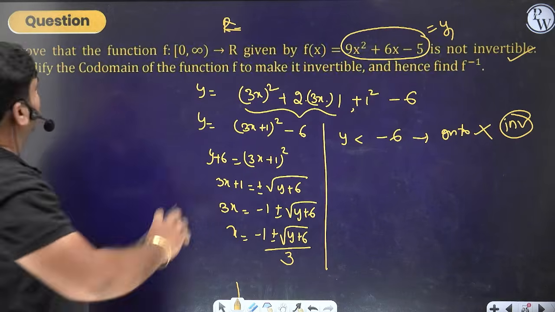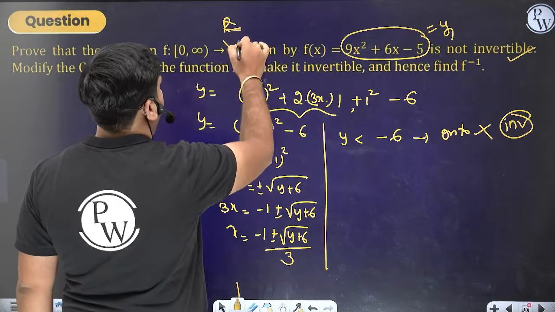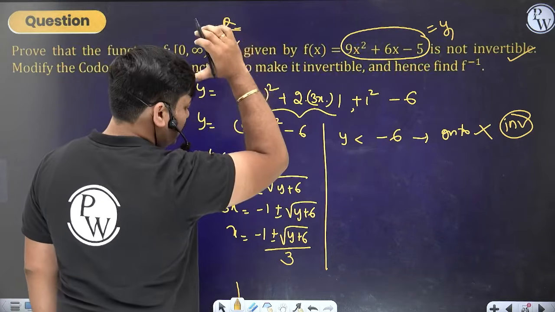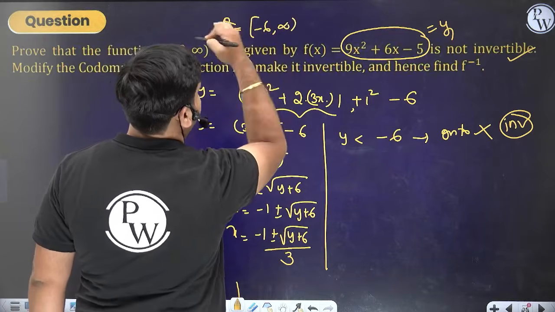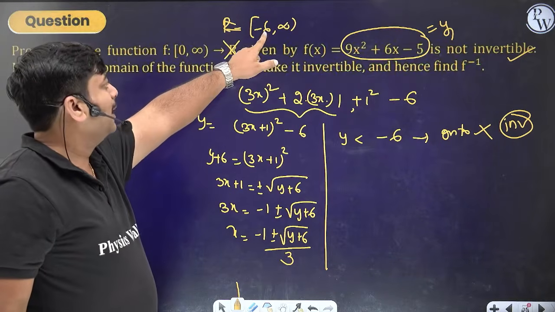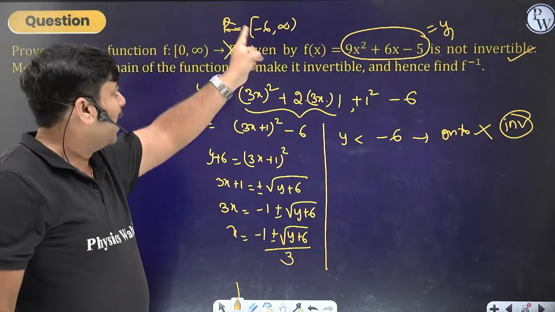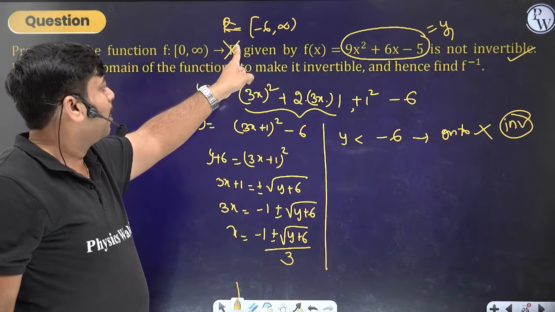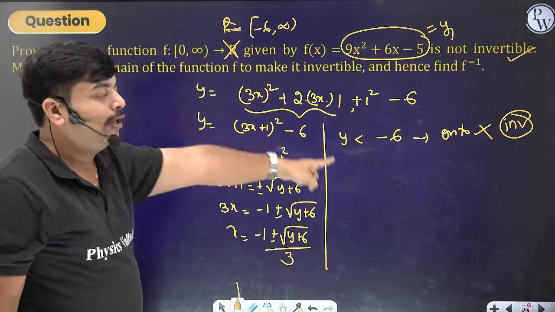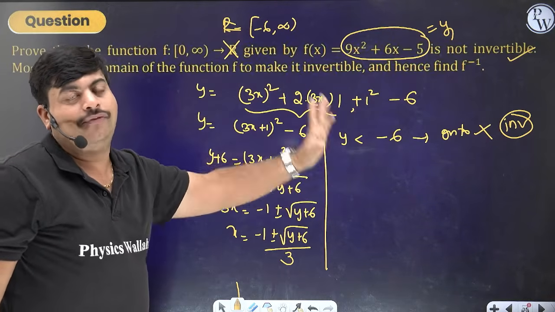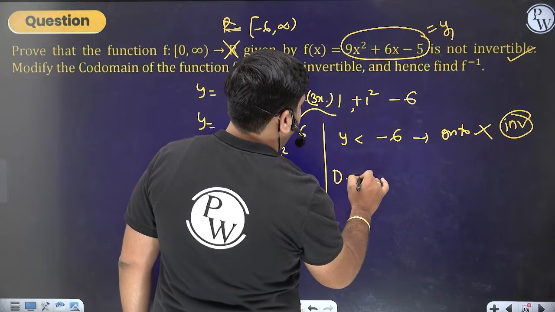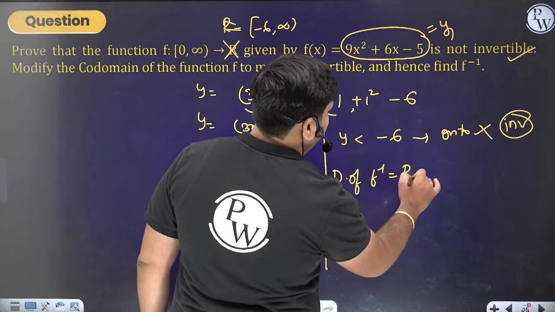Instead of R, greater than minus 6, so even minus 6 can also come. Minus 6 to infinity. Instead of this codomain R, we need to change that to minus 6 to infinity, so that every value of the range of f will be in the domain of f inverse. In that case, the domain of f inverse will be equal to the range of f.